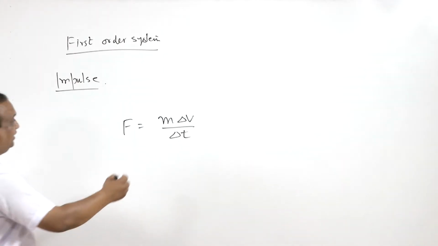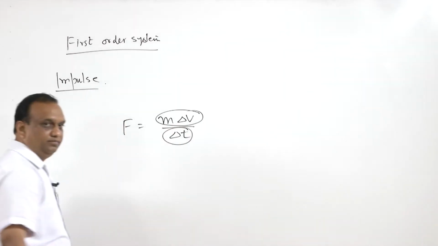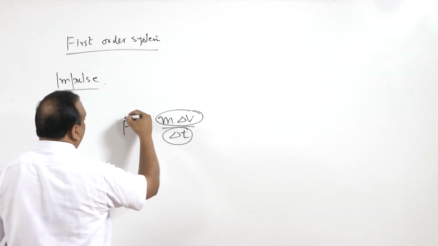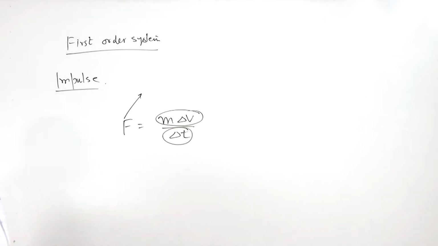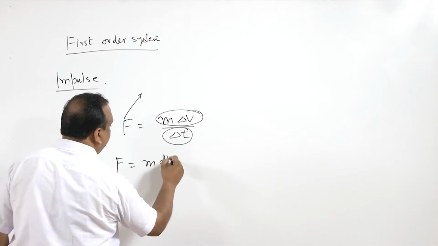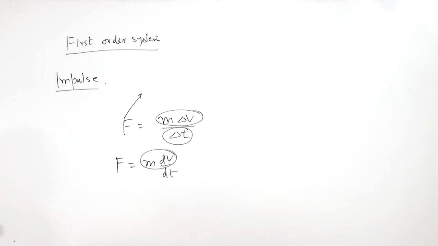When this rate of change of momentum is the same and delta t is very small, the object is going to feel a very high order of force, because force is again m dv by dt. So this change in momentum is for a very short time.